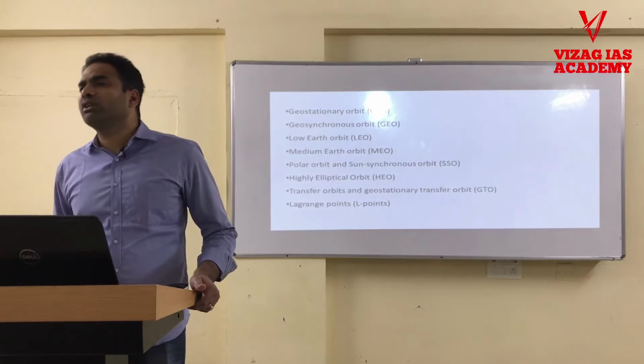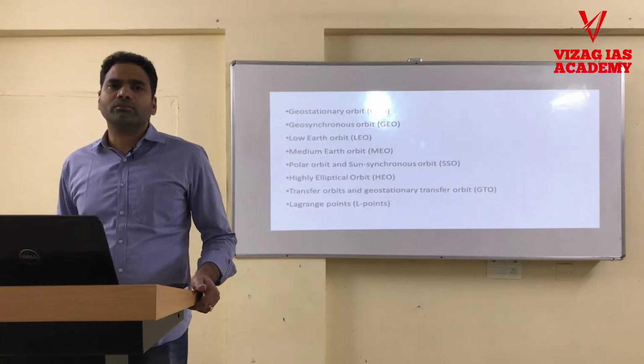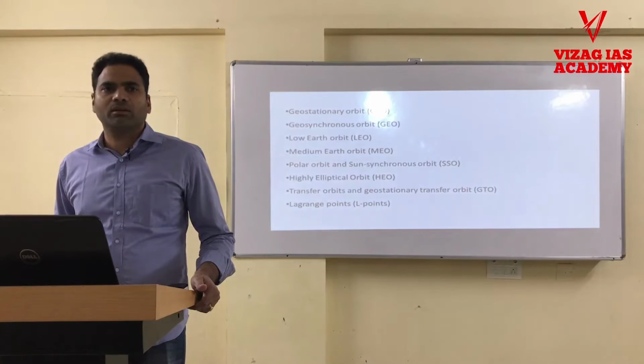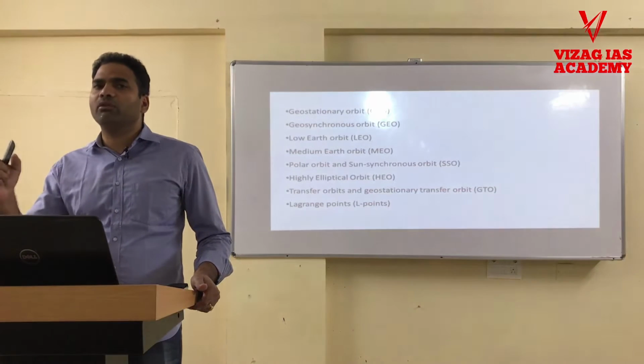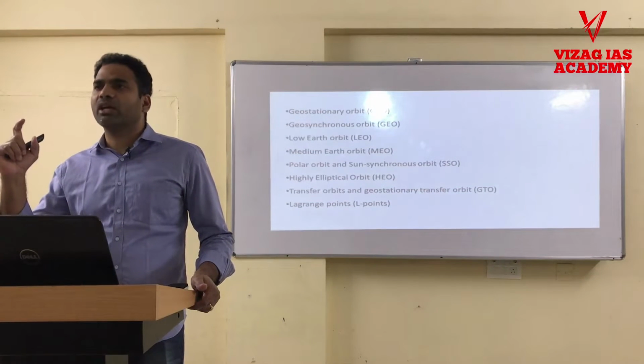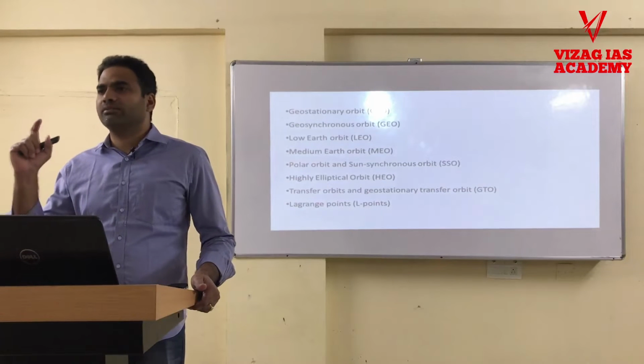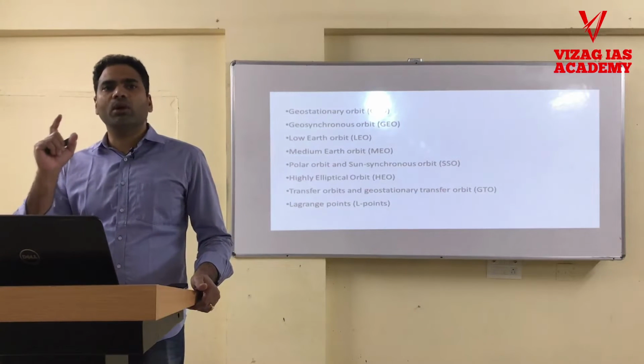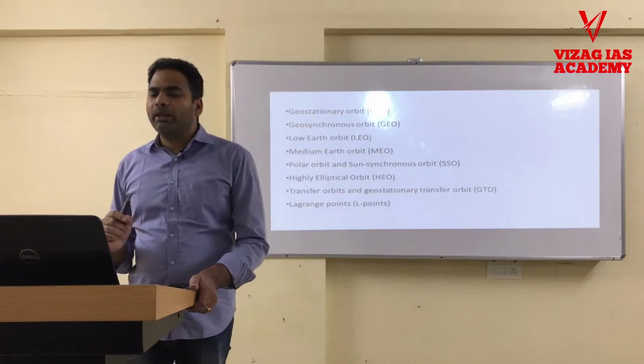So what can low earth orbit be used for? If you want to take pictures, you should be as close as possible. Anything that wants to observe the earth is good to be put on low earth orbit. Then medium earth.